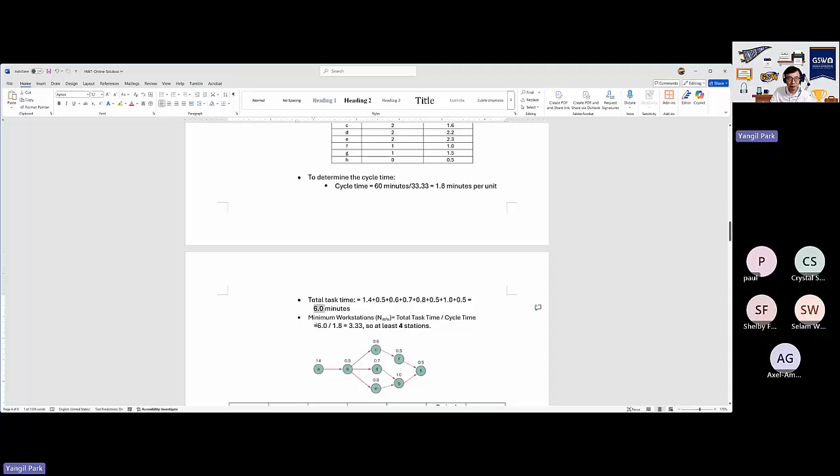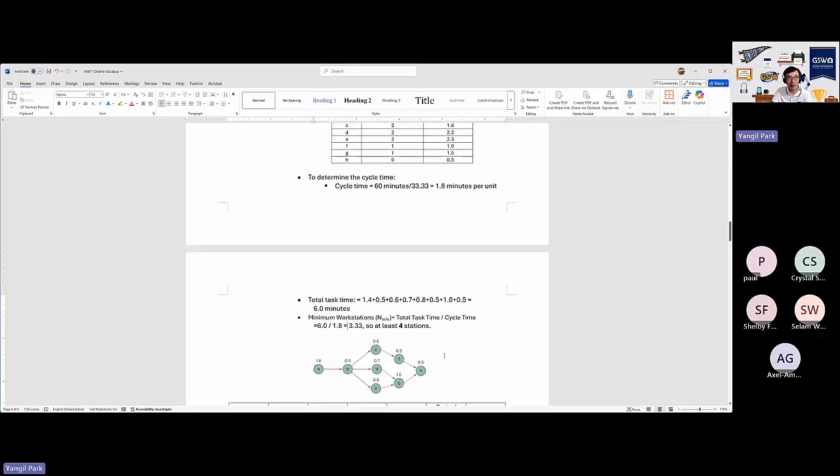Then you put it into the minimum number of workstations formula for this particular case. That will be 6 over 1.8. Then you have 3.33. 3.33 is approximately, you need 4 stations, but not 3 stations, right? Because it's too small. So you need to have at least 4 stations instead of 3.